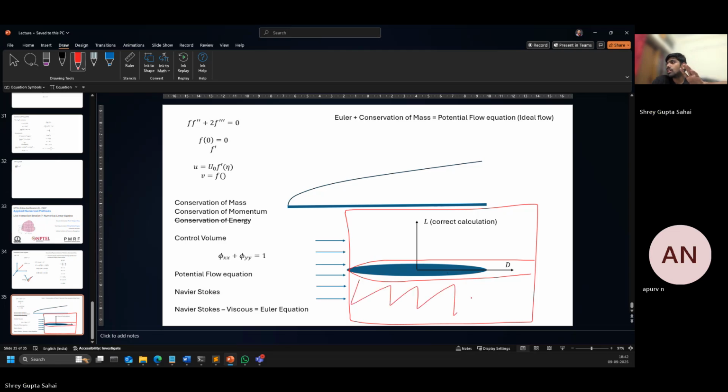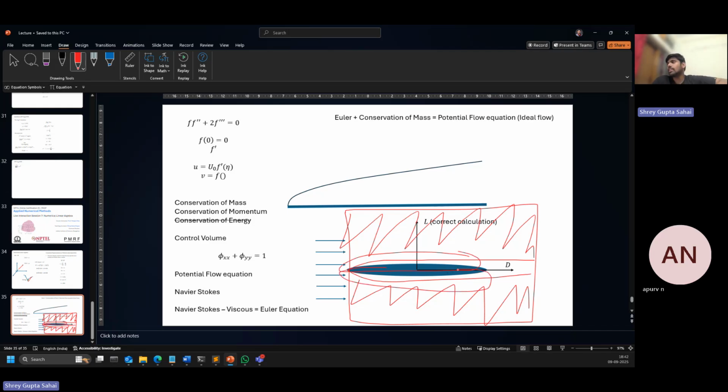99% of the flow. Okay. And there was this existence of a thin region where we know the boundary layer exists, where the viscosity exists and so on. But essentially in the late 19th century, people were not aware of this thin layer.